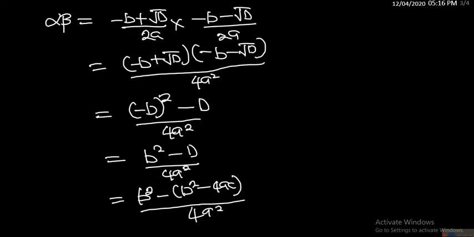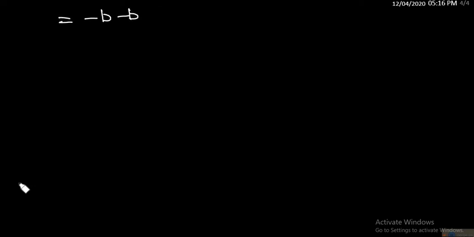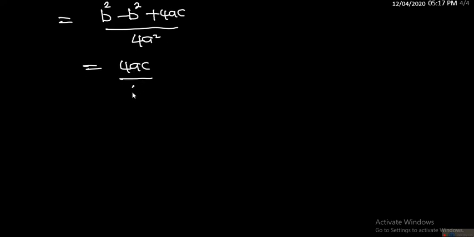So we have b squared minus b squared plus 4ac, everything over 4a squared, and this gives us 4ac over 4a squared. So 4 cancels 4, a cancels one of the a, and then we have c over a. Therefore the product of the roots is c over a.